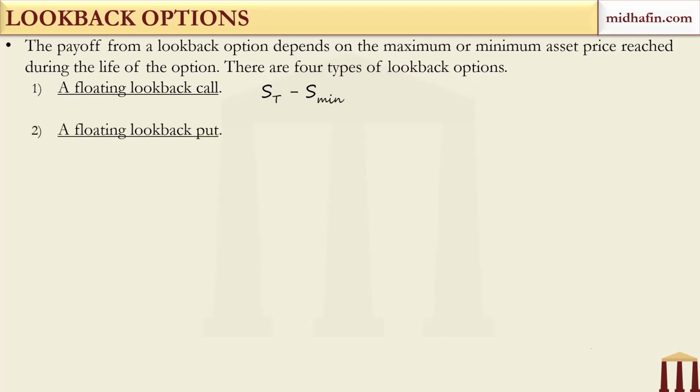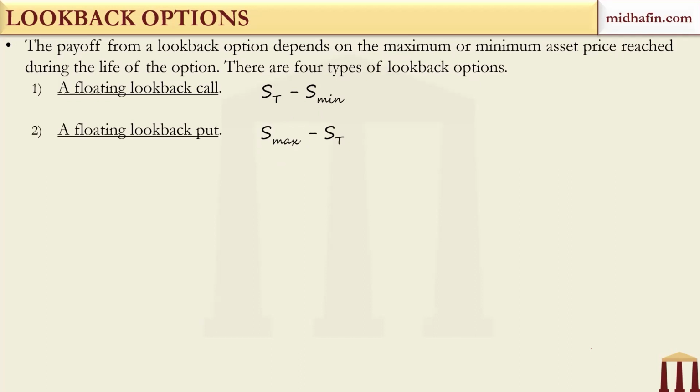Now a floating lookback put: again, the asset price ST is fixed, the final asset price, but the strike price is decided by looking at the history over the life of the option. In case of a put, the maximum price is searched, because here the payoff is K minus ST. Now K has to be replaced, so you would want to replace it with as high a number as possible, the highest number that was available over the life of the option.